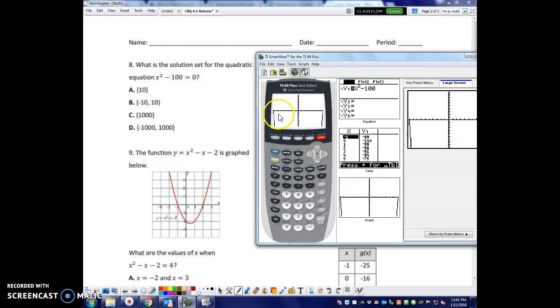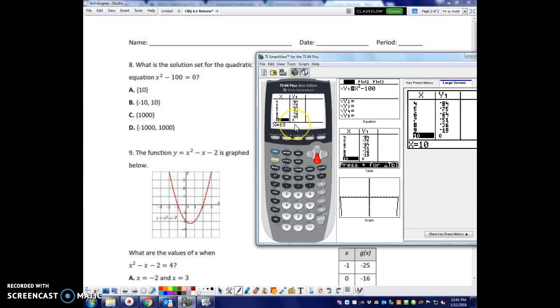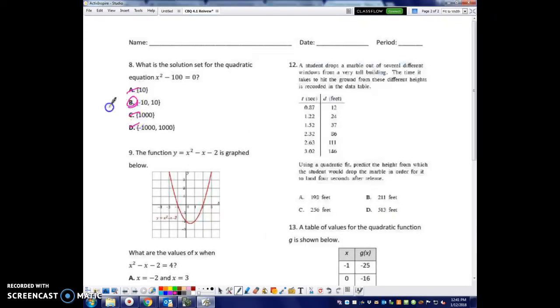So it looks like it's touching here at negative 10 and 10. Let's check our table. Let's go to 10. It does touch 10. Now let's see if it touches negative 10. It does. Negative 10 and 10. The answer is B.